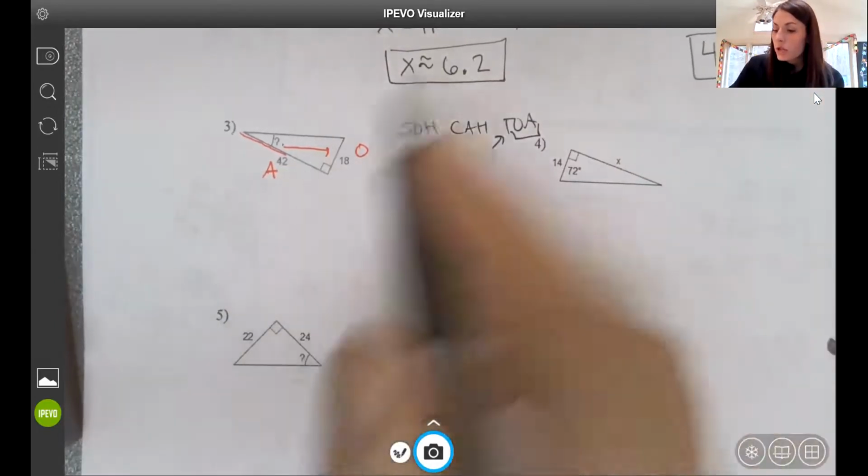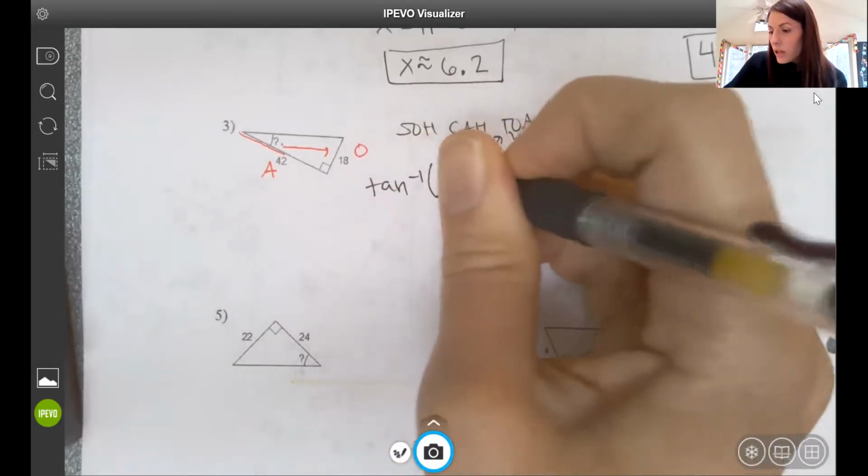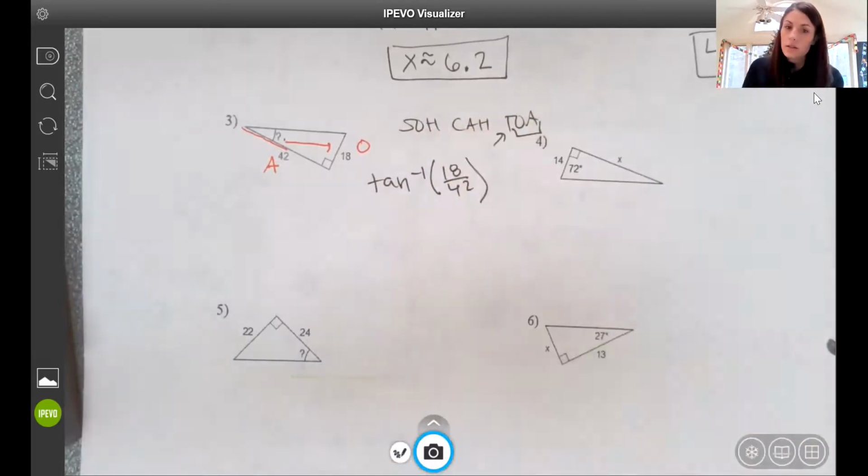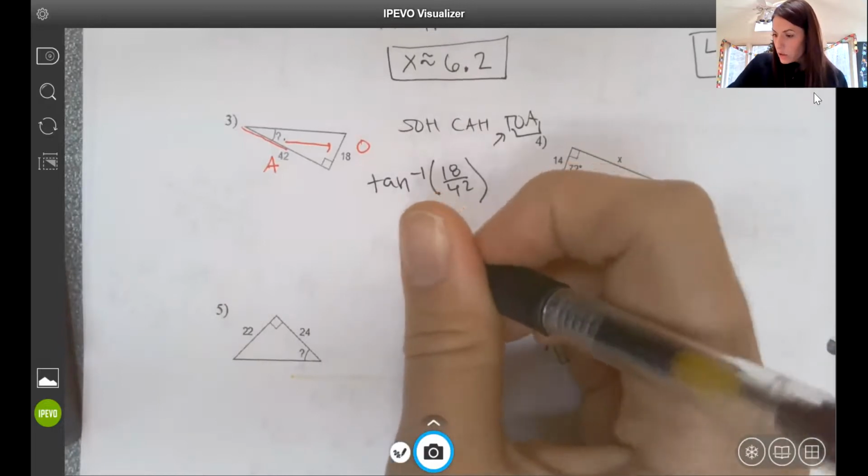I'm using inverse trig, so I'm just writing it out. The inverse tangent of 18 over 40, and then my calculator does all the math for me. My calculator keeps turning off on me. The inverse tangent of 18 over 40, and I get, rounding to the nearest degree, 23 degrees.